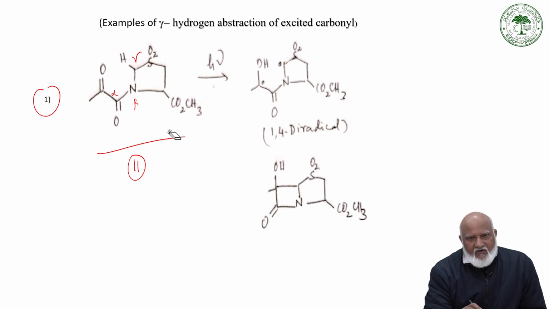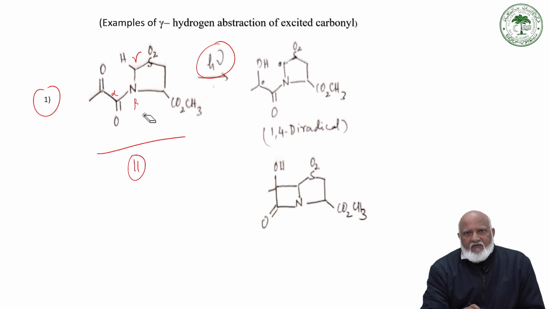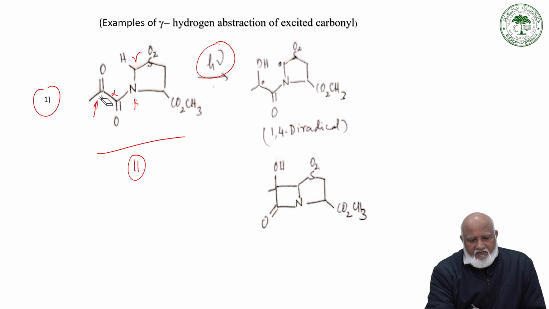But our aim is to look at the photoreaction of this, and what we have learned in the previous slide is that whenever there is availability of gamma hydrogen with respect to the carbonyl compound, in the presence of light, the carbonyl gets excited, goes to an excited singlet and then an excited triplet state, and then the excited state can abstract a gamma hydrogen.